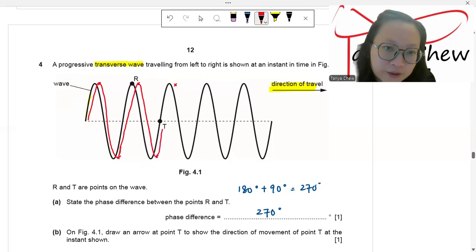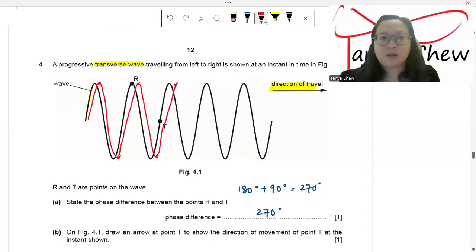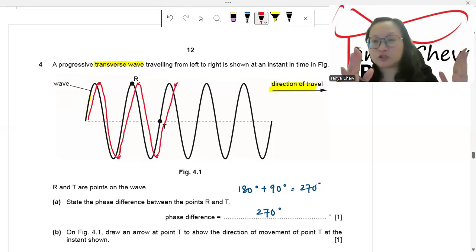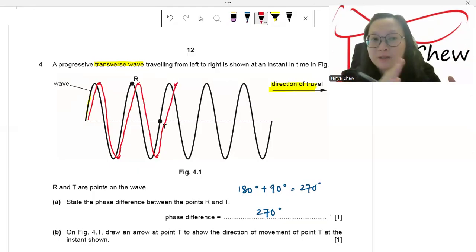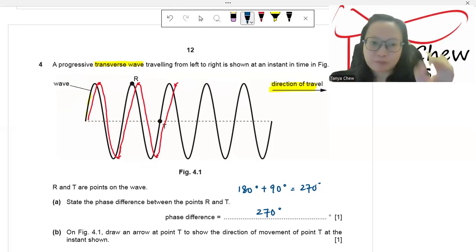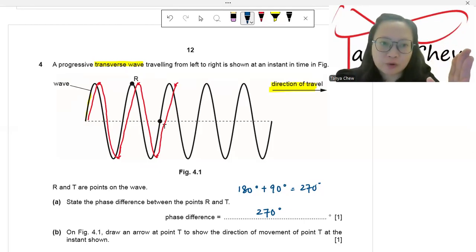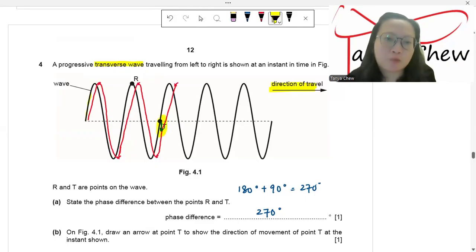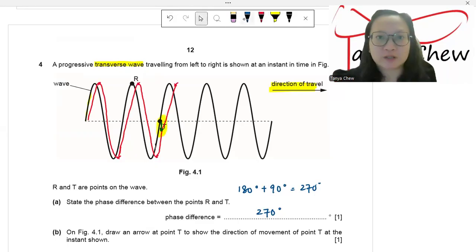It seems like the wave profile is shifted from black to red, moving to the right, right? So how do you determine the vibration of T? Look at the position of T based on the new wave profile that I drew. So it has to go downwards. So you have to draw the arrow downwards. That's the answer.